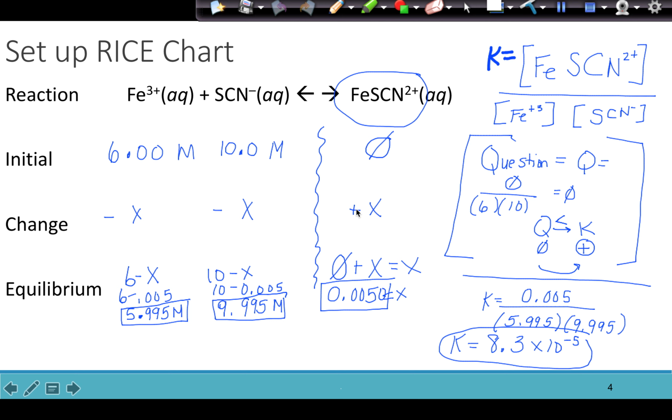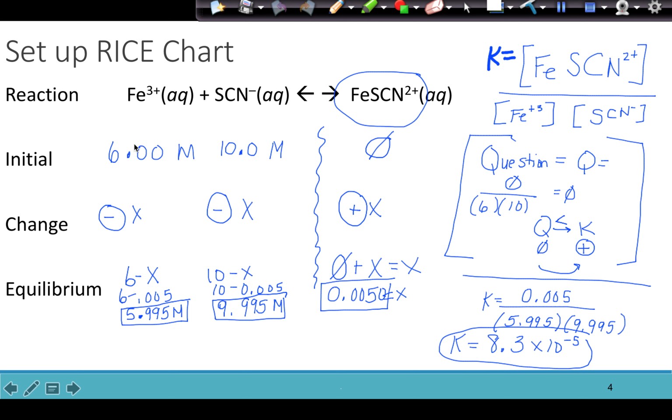That meant that our change line had to have a positive for the products and had to have a negative for the reactants. Then we plug in coefficient from the balanced equation, X, for each species. Because for every 1 mole of iron 3 and 1 mole of thiocyanate that are used, we get 1 mole of our complex ion over here.